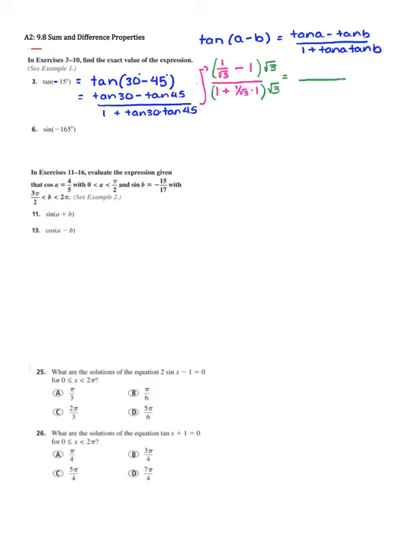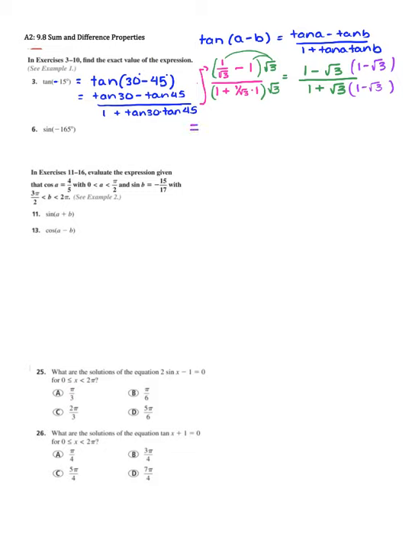So my new expression, when I distribute this to both, is 1 minus rad 3 over 1 plus rad 3, which is not allowed because you have a radical in the denominator. So we're going to multiply top and bottom by the conjugate of what's in the denominator, 1 minus rad 3 times 1 minus rad 3.